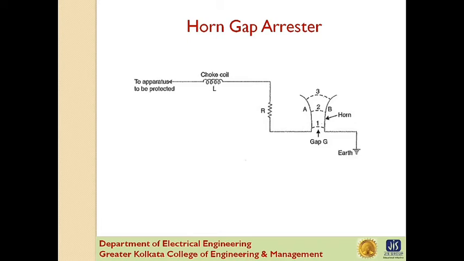Consequently, the arc is extinguished and the excess charge on the line is thus conducted through the arrestor to the ground. That's why the distance is increasing in such a way that the voltage is not enough to maintain the arc. But this arrestor has also advantages and disadvantages.